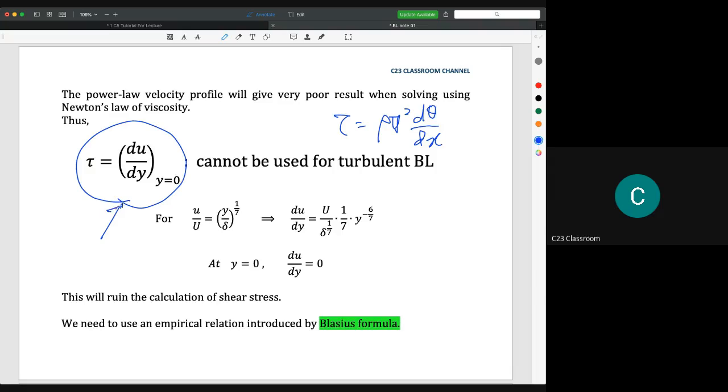This is the shear stress calculated from Newton's law of viscosity. However, in the turbulent boundary layer, for example, we substitute the value of, let's say, u over U equal to y over delta to the power of 1 over 7.